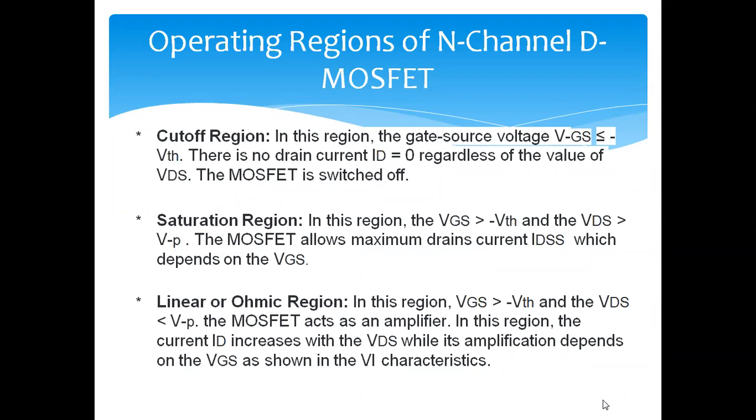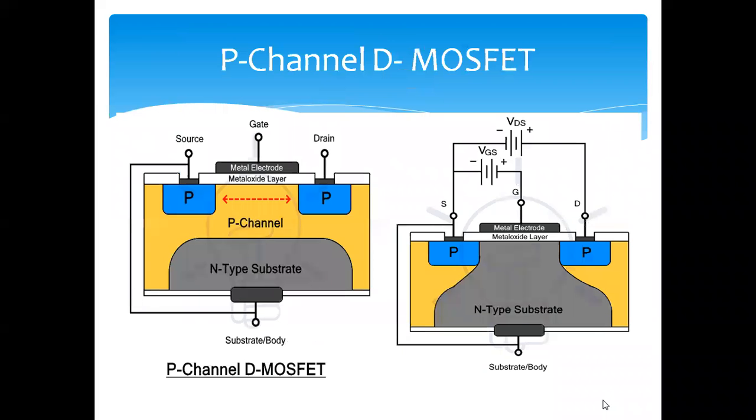Until the MOSFET reaches that pinch off region, your ID will increase. Once it reaches the pinch off condition, it will remain constant irrespective of any voltage increase. This is a very important condition that you should remember. So this is about the n channel depletion MOSFET.